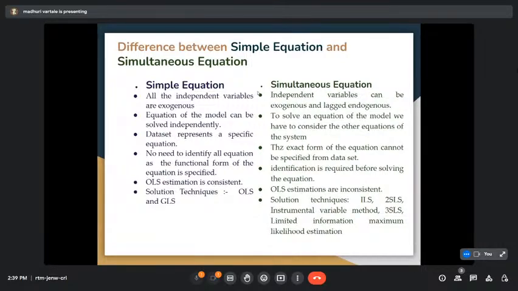Let us see what is the difference between simple equation and simultaneous equation, because in your SET NET examination such characteristics are mainly focused, and from that point of view I made the difference between the simple equation and simultaneous equation. All the dependent and independent variables are considered here in the simple equations.